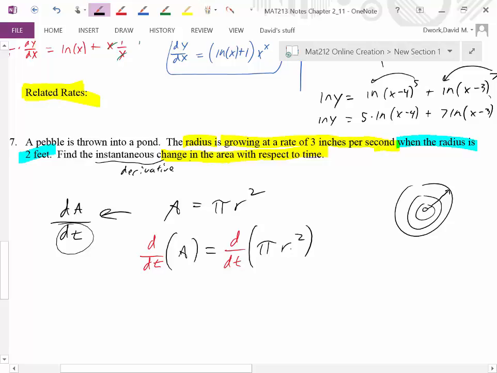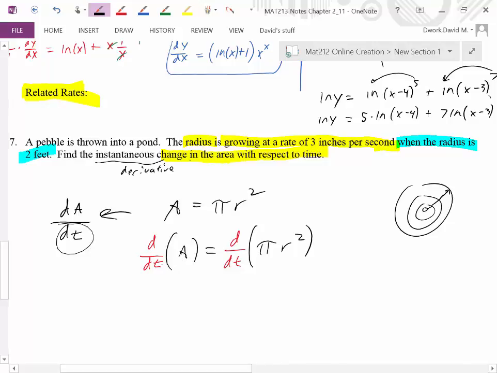Now, is radius a function of time? Does the radius of the circle change? Well, absolutely. So what we're going to say is we're doing implicit differentiation of A, and A is some function with time in it. We just don't know what it is. So we're going to do implicit differentiation.